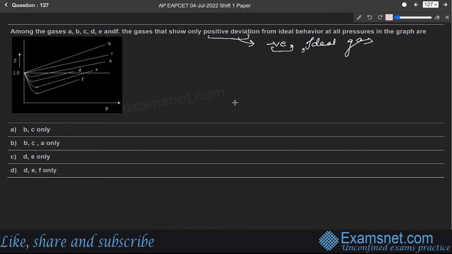Okay, so how can I tell you this? This is a graph of Z versus P. On the x-axis you have P, and on the y-axis you have Z. Now, when you look into the question, there's a straight line. Can you see this? Right. If Z is greater than 1, that means above the line that starts from origin, Z greater than 1 would always have positive deviation.